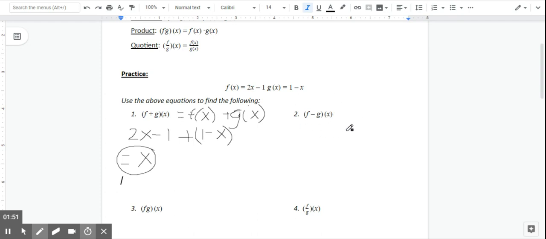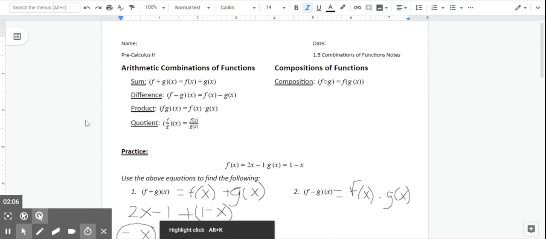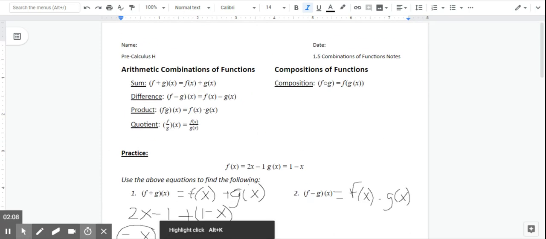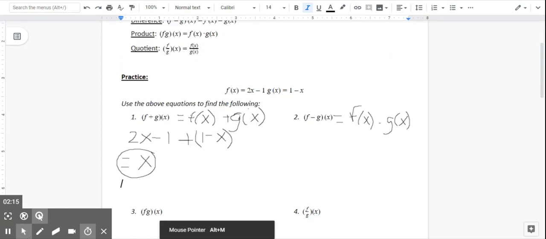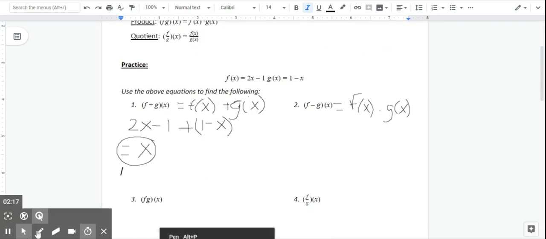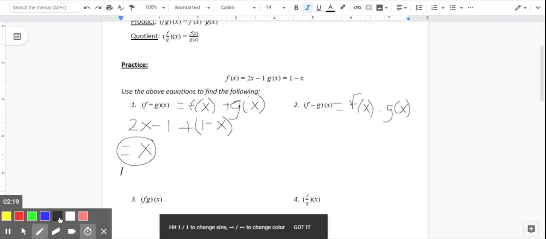If we look over here at subtraction, we're going to do the same thing because f minus g of x is the same thing as f of x minus g of x. And we get that from our definitions right at the top. So right up here, our difference. So now we are going to plug in what f of x and g of x are.